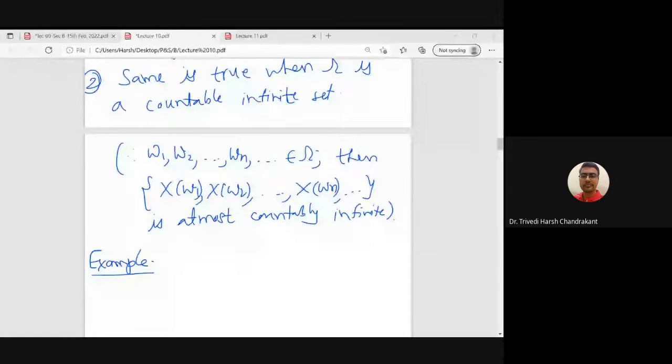So we want to see a countable sample space which is countably infinite. Countably infinite means we can form a sequence and write it down.